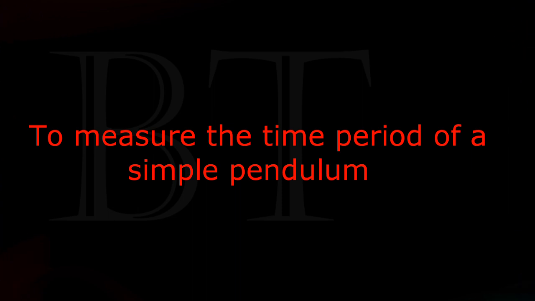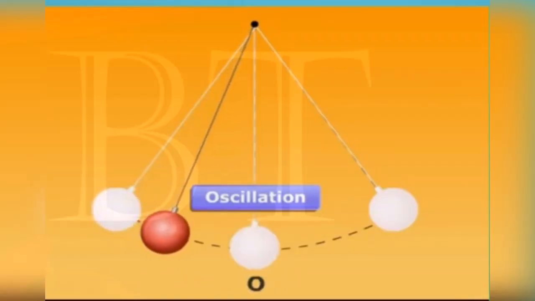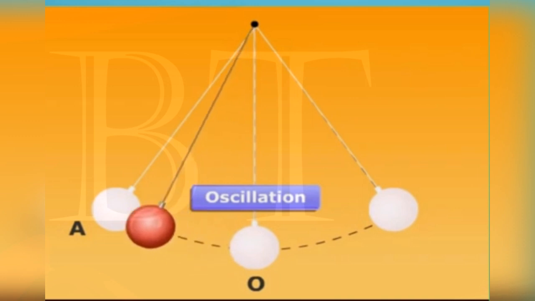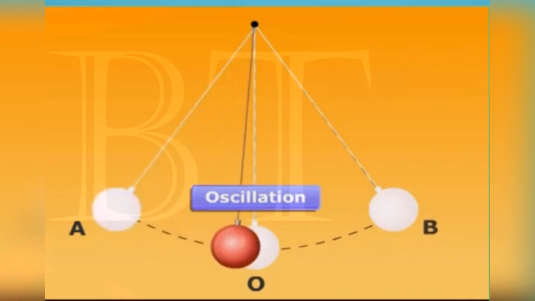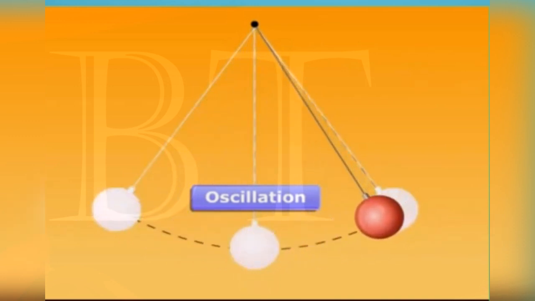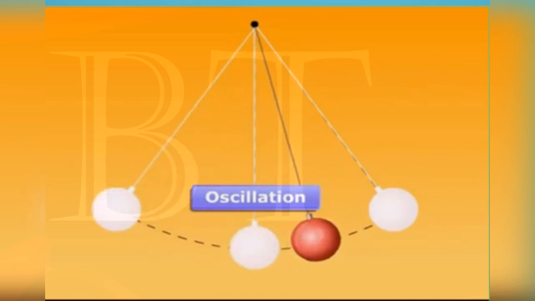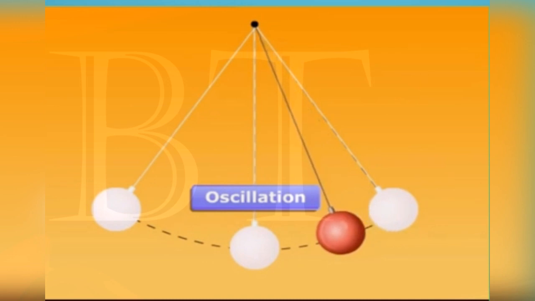So, to measure the time period of a simple pendulum, the bob is slightly displaced from its rest position and is then released. It begins to move to and fro about its mean position O in a vertical plane along with the string.